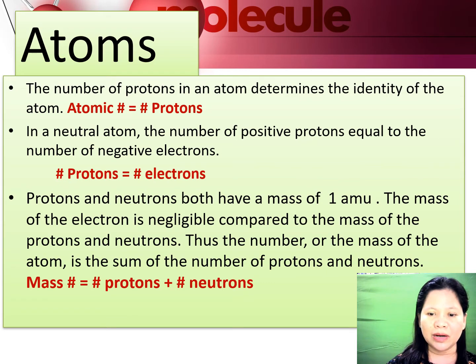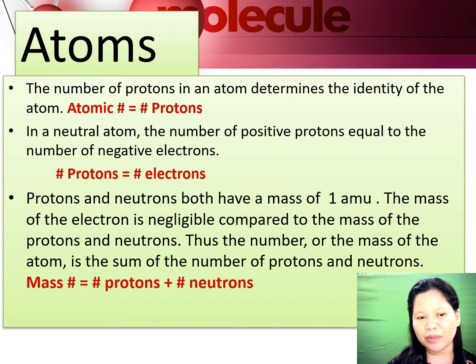As I mentioned in our previous discussion, mass number is equal to the number of protons plus the number of neutrons. Since the mass number, or the atomic weight or the atomic mass, is equal to the number of protons and neutrons, that is inside the nucleus.